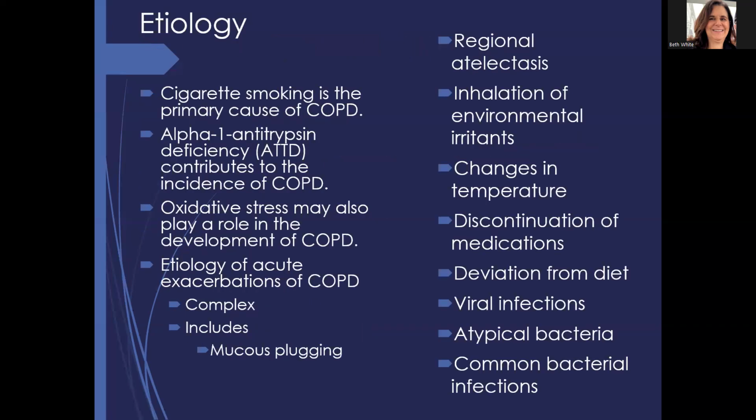Now, why do patients get COPD? Cigarette smoking is the most common cause of COPD because prolonged or chronic exposure to cigarette smoke causes damage to the lungs. Cigarette smoke and other particles that are inhaled will paralyze the cilia.